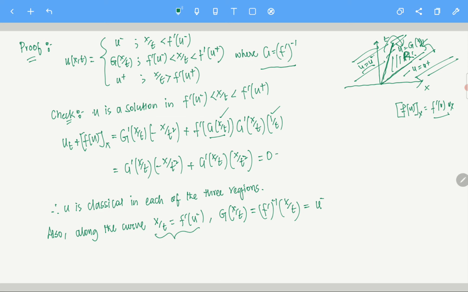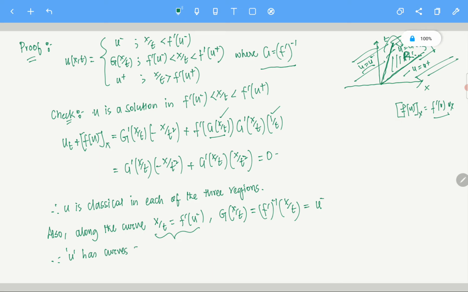Now along this curve you can do the exact same thing. Along this curve you can show that g of x by t is u plus, clear? Therefore u has no curve of discontinuity, so u is continuous, right?